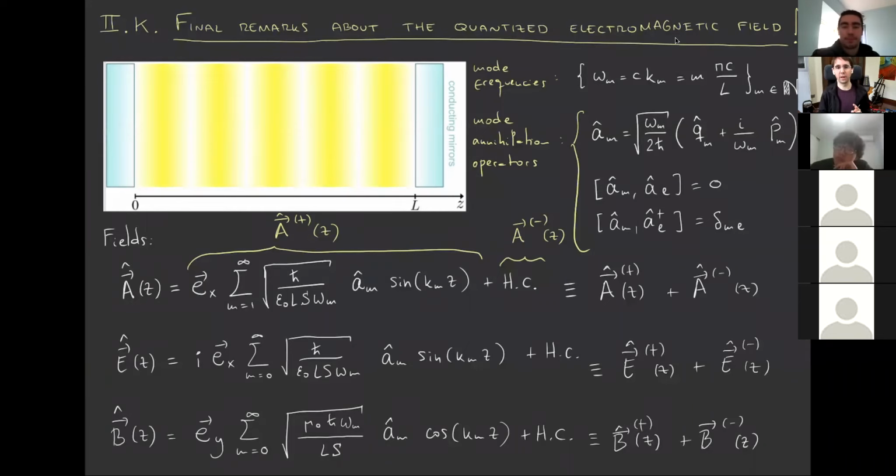Okay, the second thing I want to say is the concept of photon. What are photons? So finally, after all these lectures, I can tell you what's a photon. A photon is just an excitation created by this part of the electromagnetic field. So it's an excitation created by the creation operators, okay?